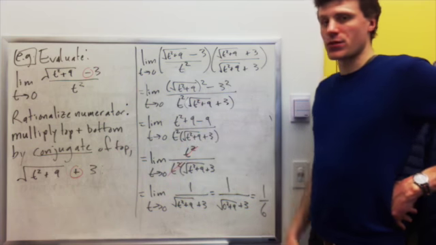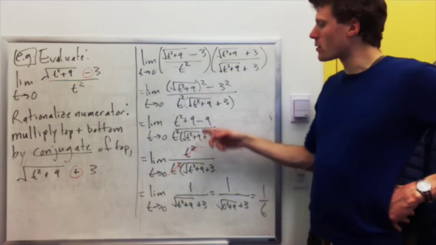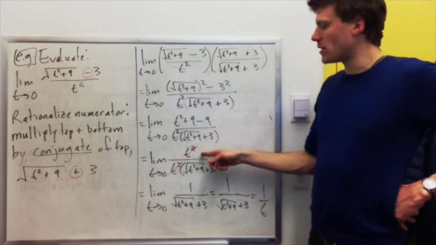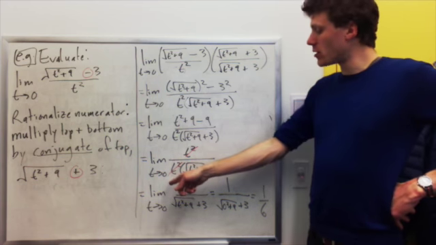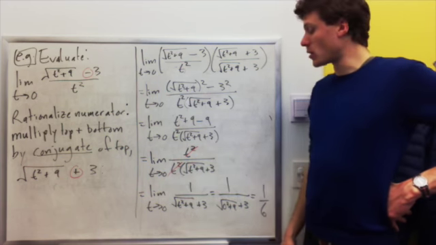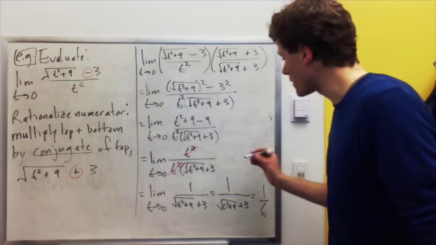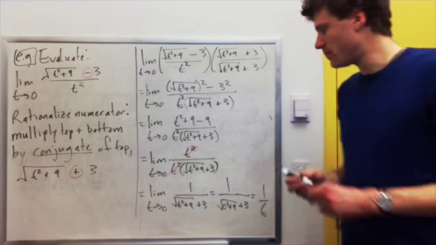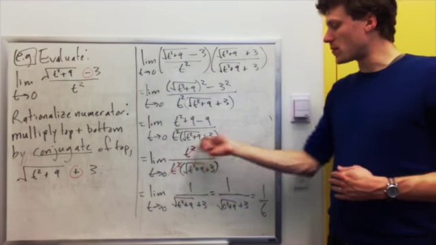On the bottom, I've got the same thing as I did before. 9 minus 9 is 0, so I'm left with t squared over t squared times the square root of t squared plus 9 plus 3. And I just noticed I'm missing a parenthesis. Great.